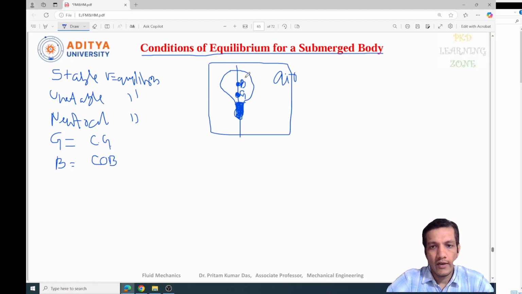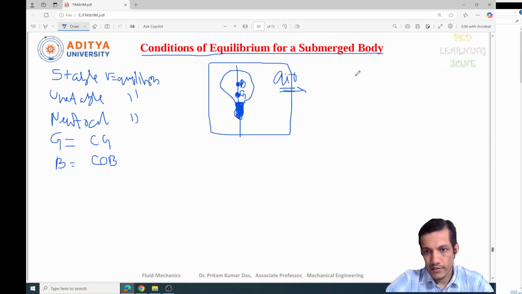Now, to identify whether this balloon is in a stable or unstable condition, let's rotate this object a little. After rotation, the structure of the balloon will not be like this.